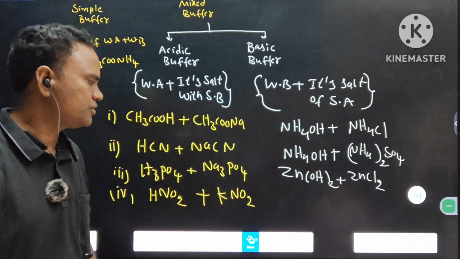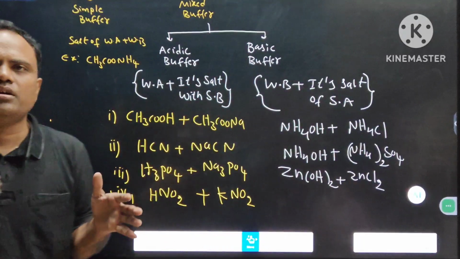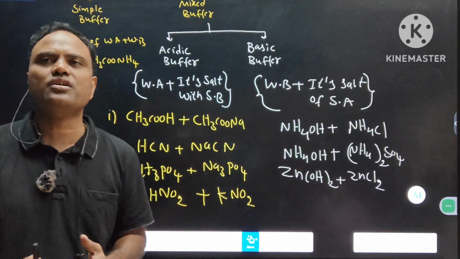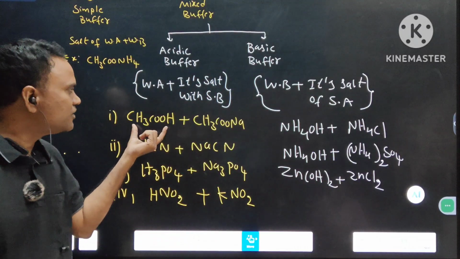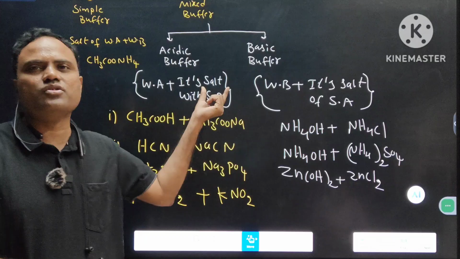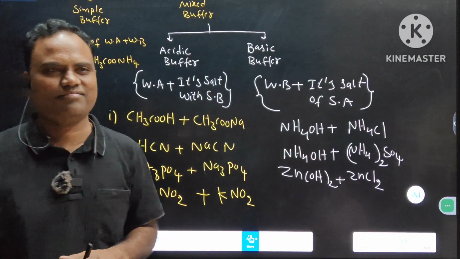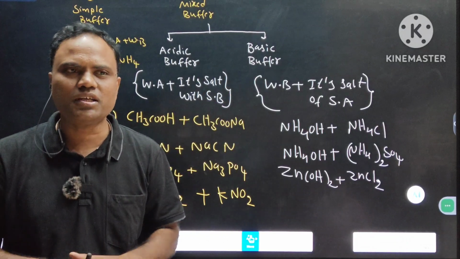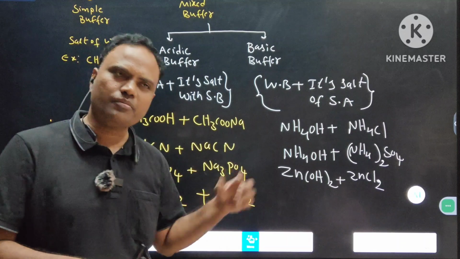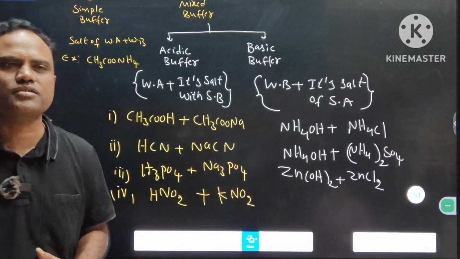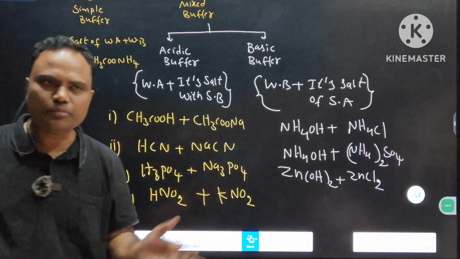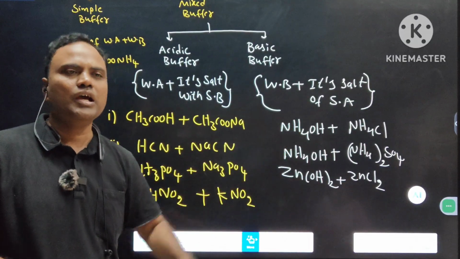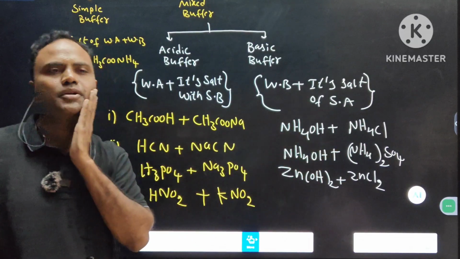So now you tell me, when we call a particular mixture an acidic buffer, when that mixture contains weak acid and salt of strong base, these two should be present. If weak acid is present and salt of strong base is present, then only we call it an acidic buffer. Similarly, when we call a particular mixture a basic buffer, in that mixture weak base should be present and its salt with strong acid should be present.